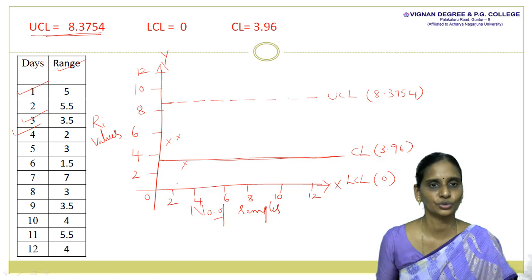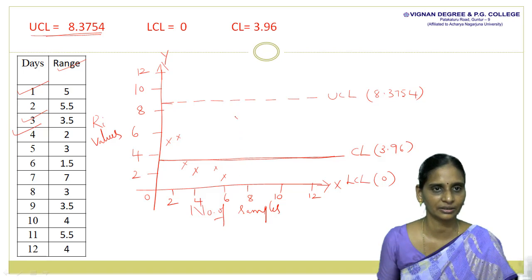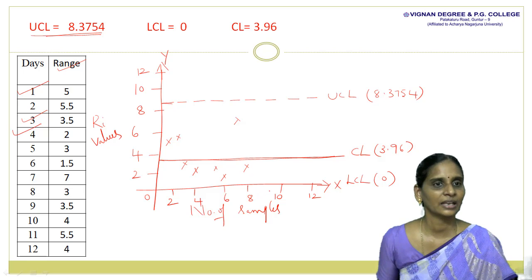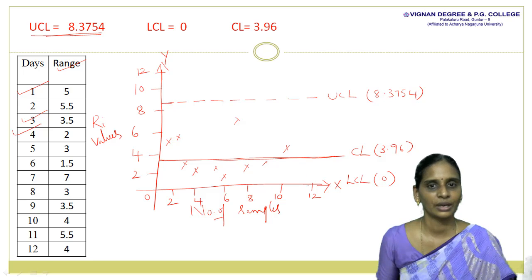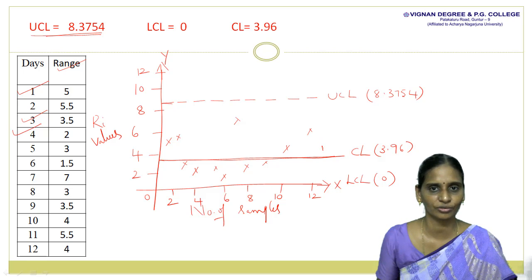Fourth value is 2. Fifth value is 3. The sixth value is 1.5. Seventh value is 7. Eighth value is 3. Ninth value is 3.5. 10th value is 4. 11th value is 5.5. And the 12th value is again 4.